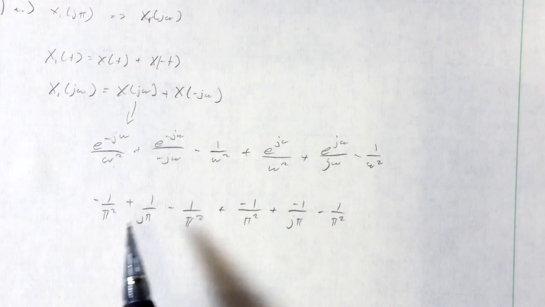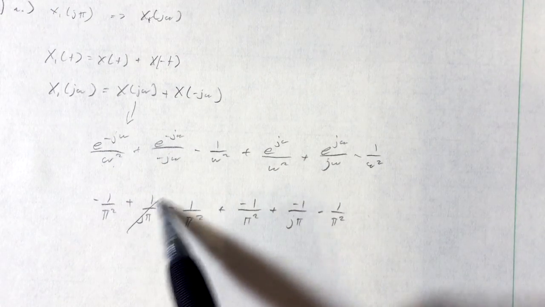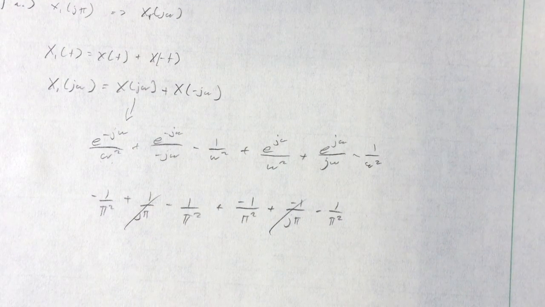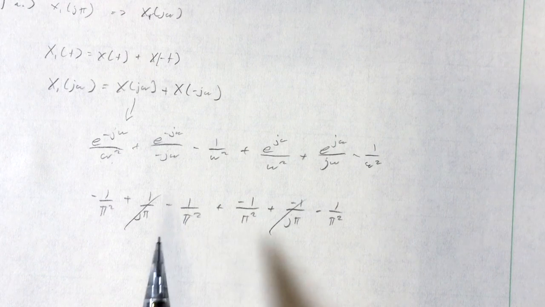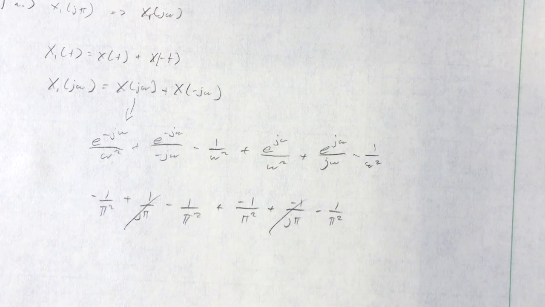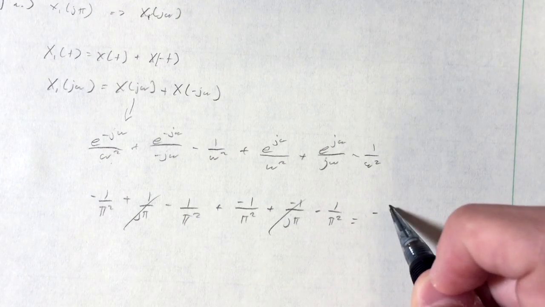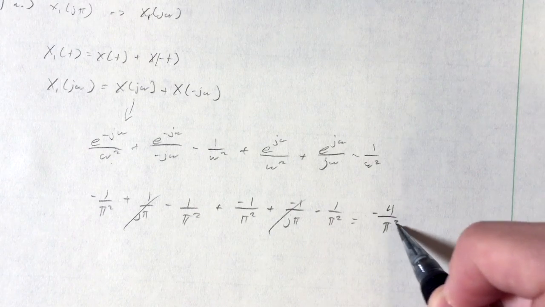If you notice, this term and this term will go away, which is very convenient because those are the imaginary parts. Then we just add this all up: negative 1 over π² four times. And that gets us negative 4 over π².